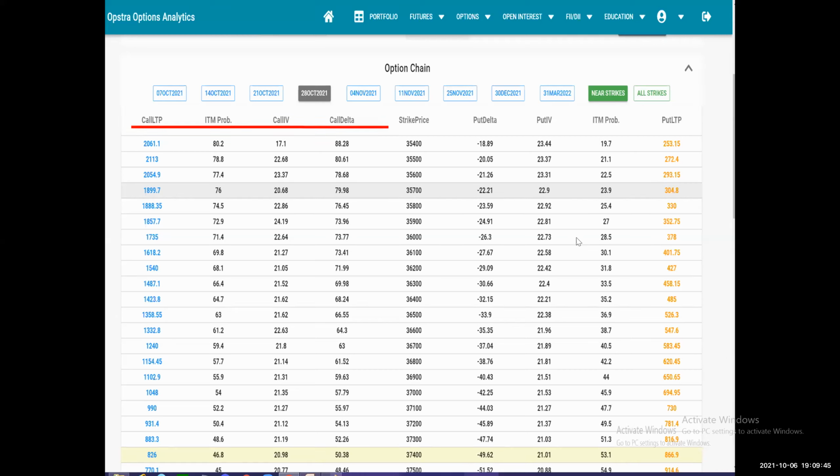On the left hand side of the screen is the last traded price, the chances of an ITM, that is the in the money probability, the IV, and the delta for the call options. While on the right hand side of the screen, you will have the same for the put. Call is when we are bullish, put is when we are bearish.